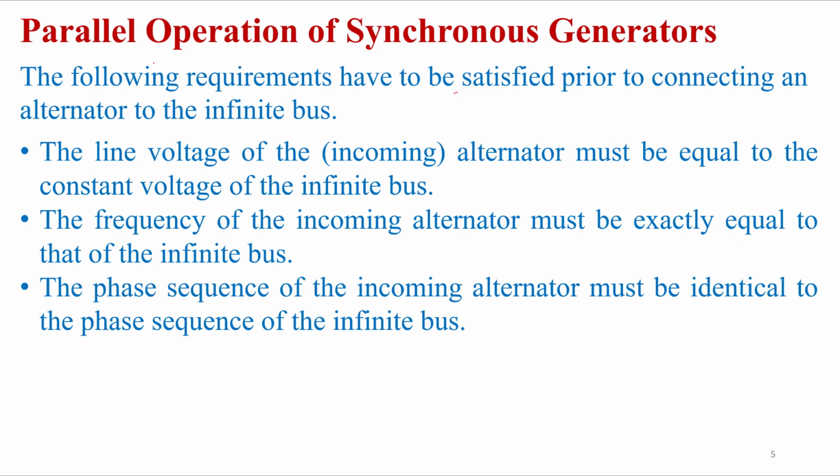So all your generators have 3-phase, and the infinite bus also has 3-phase. This 3-phase, like he mentioned, is RYB. This is the sequence. And this sequence can be changed, like I can say RBY or I can say YBR.